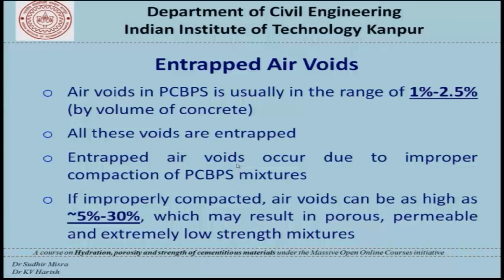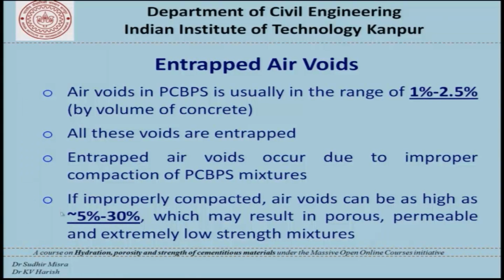Now, entrapped air voids primarily occur when you do not compact the mixture properly. So, if improperly compacted, air voids can be as high as approximately 5% to 30%, which will result in porous, permeable and extremely low strength mixtures.